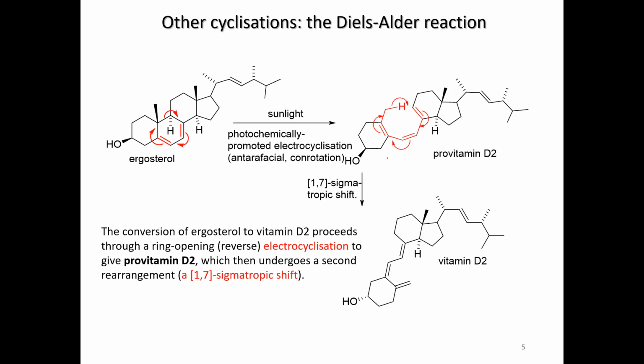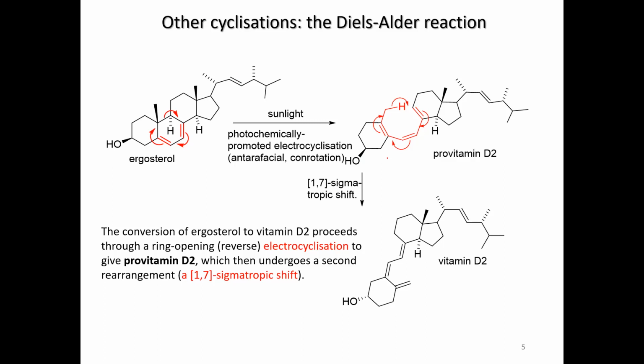Other cyclizations. What do you remember about the Diels-Alder? The Diels-Alders are going to be a good part of your exam in a way or another. Either because I'm asking specifically about the pericyclic reactions and the Diels-Alder is a pericyclic reaction, or because you might want to use it for a retrosynthesis.